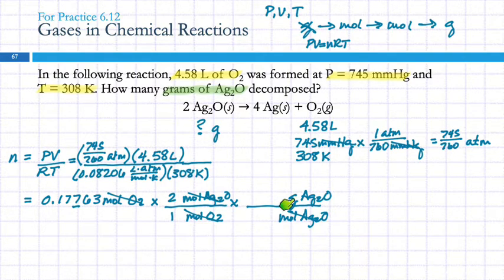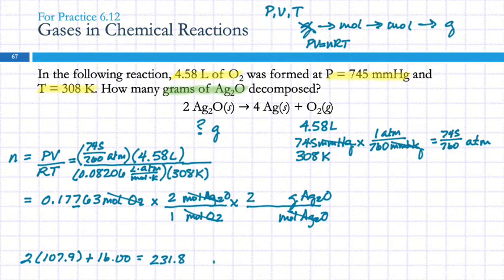And then the relationship between grams and moles is the molar mass, which we have to calculate using the periodic table. So 2 times 107.9 plus 16, 231.8.